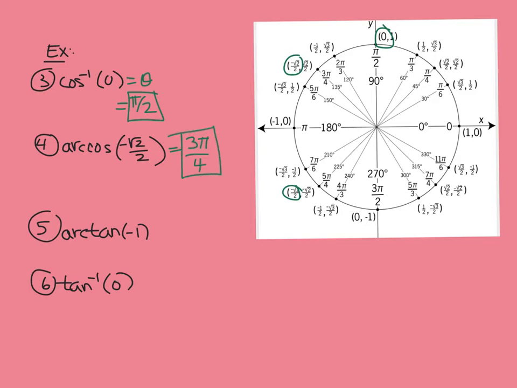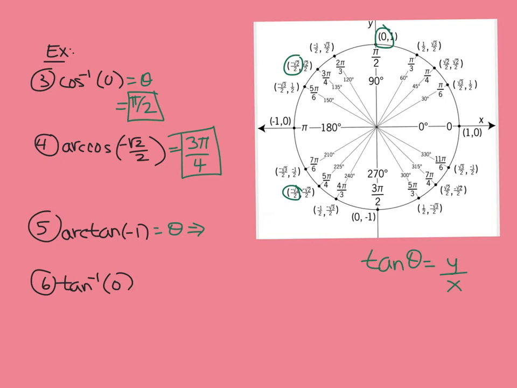Okay, so then 5 and 6, the arc tangent and the inverse tangent, those ones are a little bit harder. We are looking for the angle where tangent is equal to -1. Keep in mind that tangent is y over x. So if we look at our unit circle values, we want to figure out where y over x, if you divide them, equals -1. If you go around, you can see that it happens a few times.